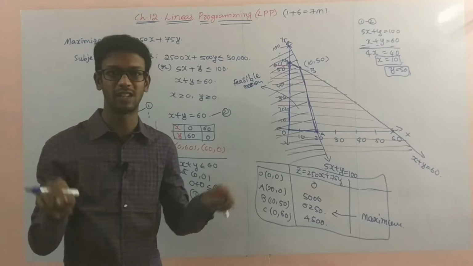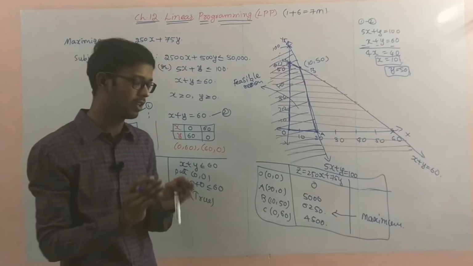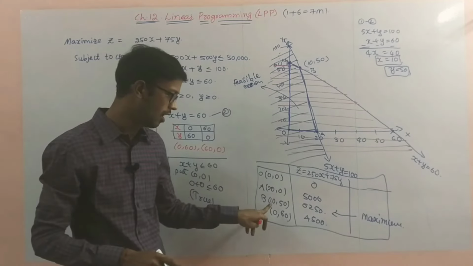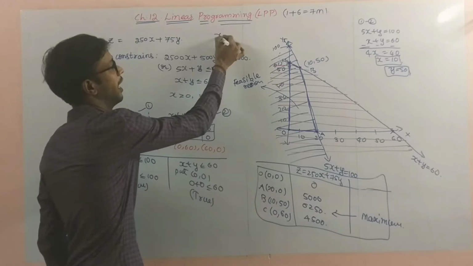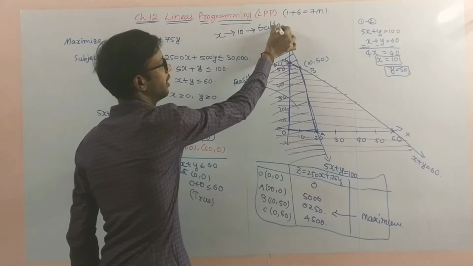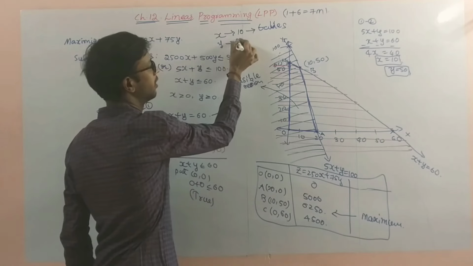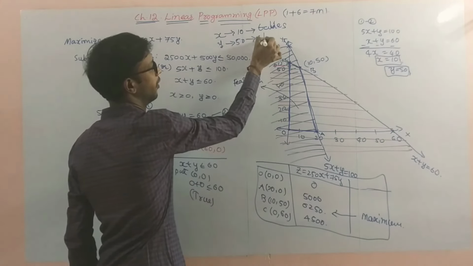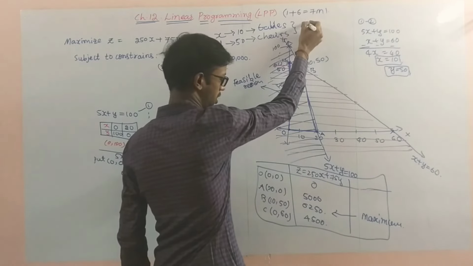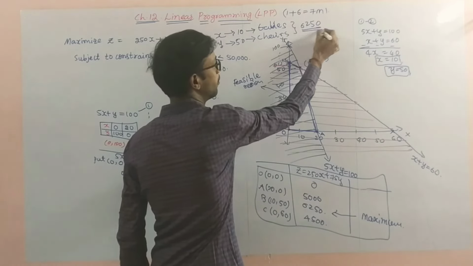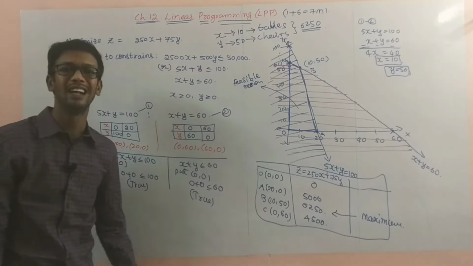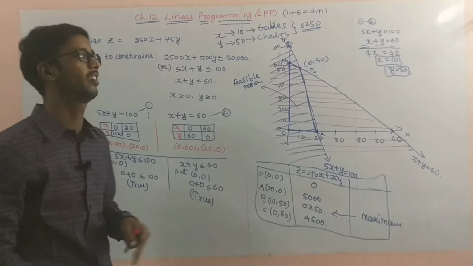The storage capacity is 60, and the amount also compulsorily must be less than 50,000. He is getting the maximum profit of 6,250. When it is maximum, he is buying 10 tables and 50 chairs.